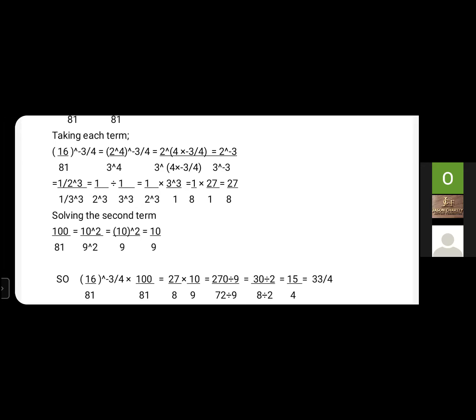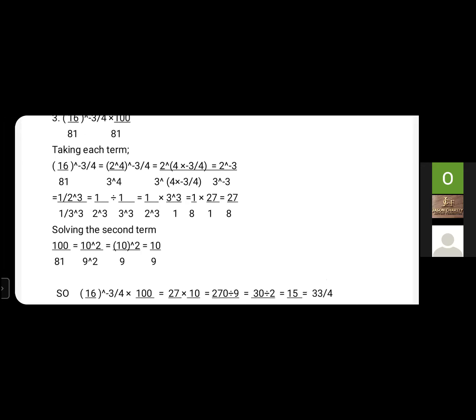So we are multiplying minus 3 over 4, which is outside the bracket, with the power of 4 inside the bracket. So we have 2 raised to the power of minus 3. Doing the same for the denominator, we have 3 raised to the power of 4 times minus 3 over 4. That gives us 3 raised to the power of minus 3. And this gives us 2 raised to the power minus 3 over 3 raised to the power minus 3.